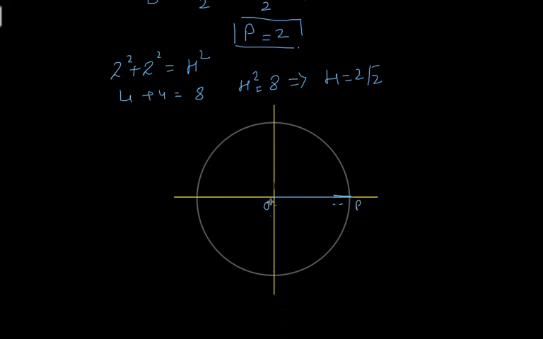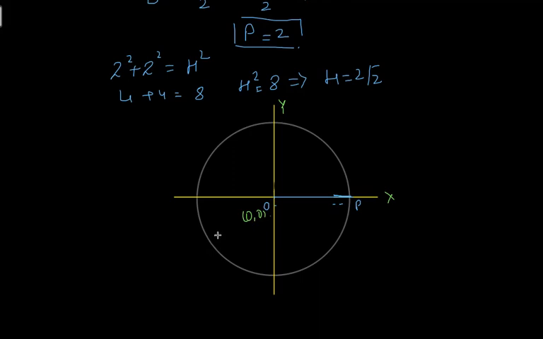Now what we are trying to do here is take the circle on x and y axes. This is the x axis and this is the y axis, and the origin of the x and y axes is the center of the circle. So at the origin, the coordinates are going to be 0, 0.